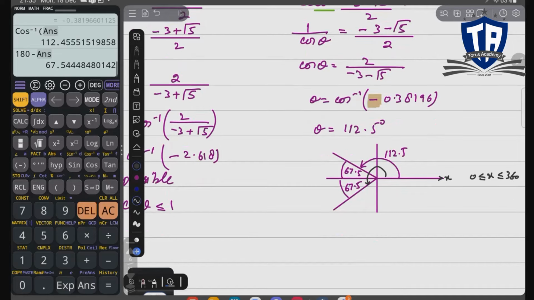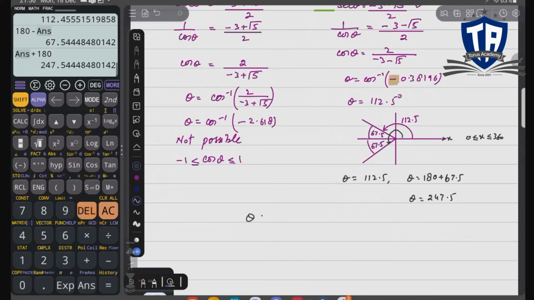So in one complete round, we have these two options of angles, and the answers would be 112.5 and the other is 247.5. Our answers would be 112.5 and 247.5.